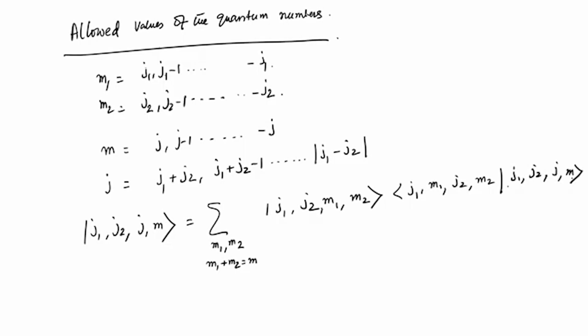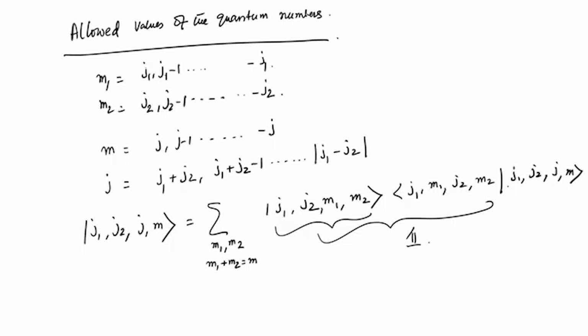Okay. So, what we have done is that we have introduced this vector, and we have really written down something that is nothing but the outer product of these basis kets, and then of course, we have to do a sum over M1 and M2, which takes values from minus J1 to plus J1 and so on, subject to the condition that the total M has to be the sum of these individual magnetic quantum numbers, that is M1 and M2.